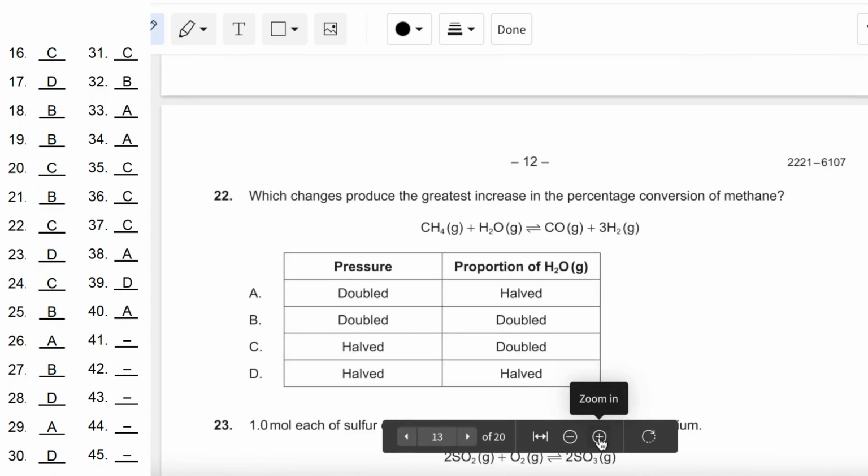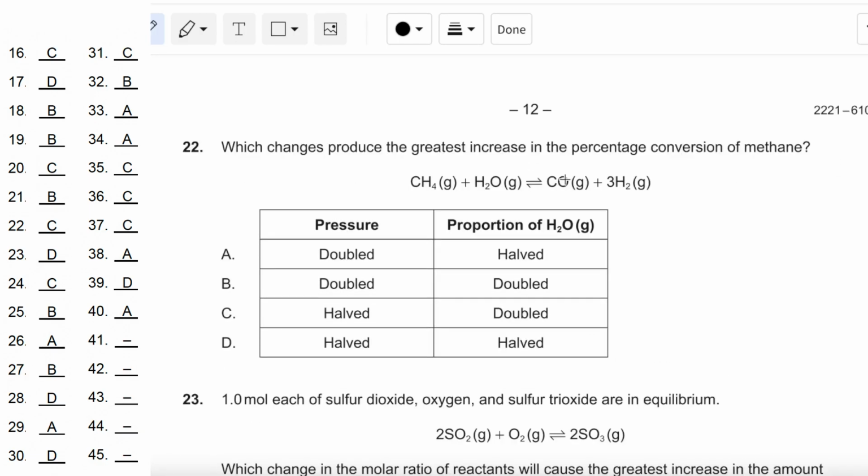Let's continue. Question number 22. Which change produces the greatest increase in the percentage conversion of methane? To increase the percentage conversion of methane, the reaction must favor the products. So we need to check the moles of gas on the left side and on the right side.